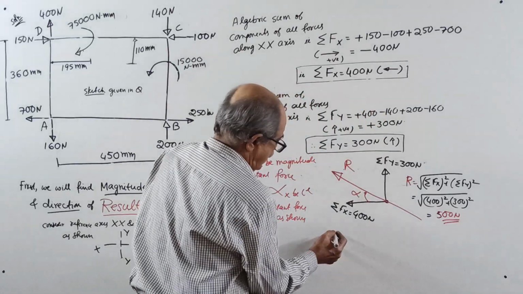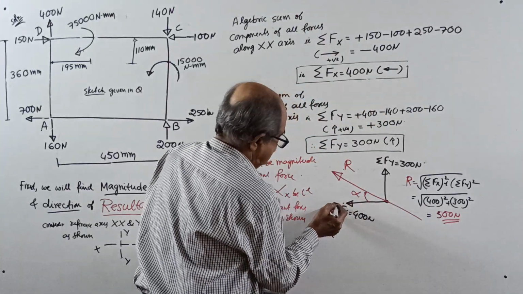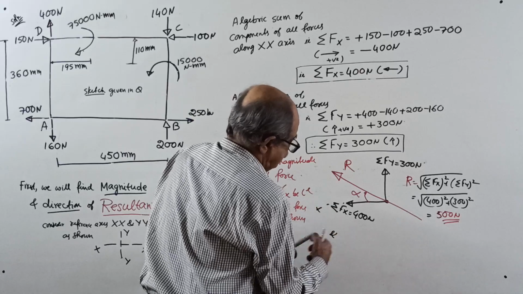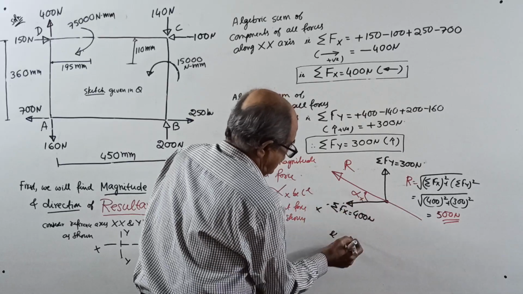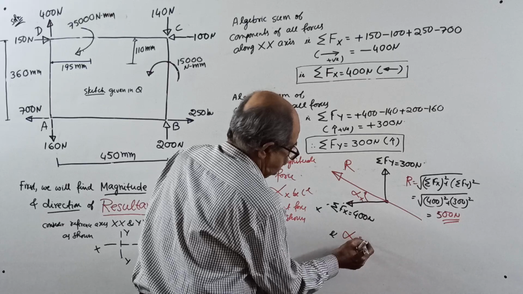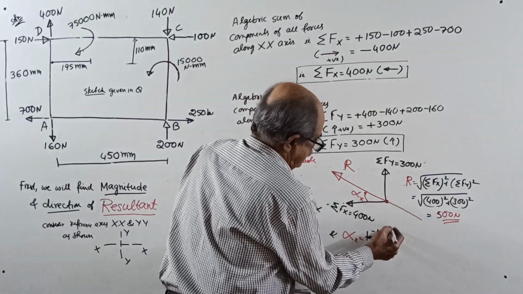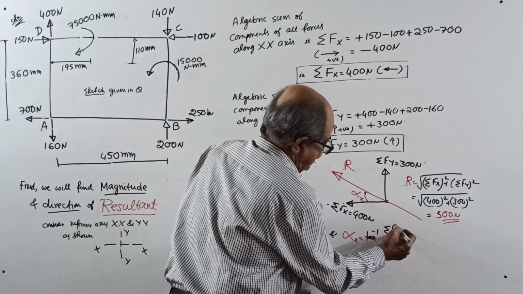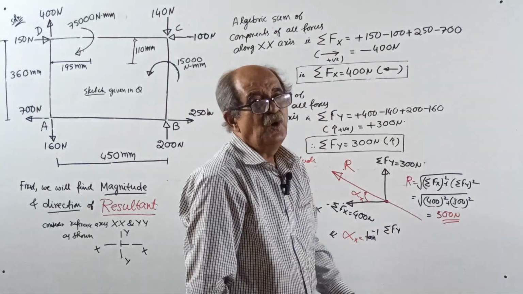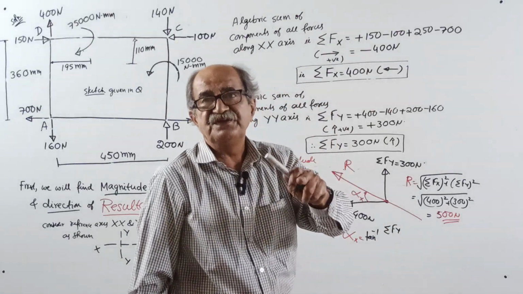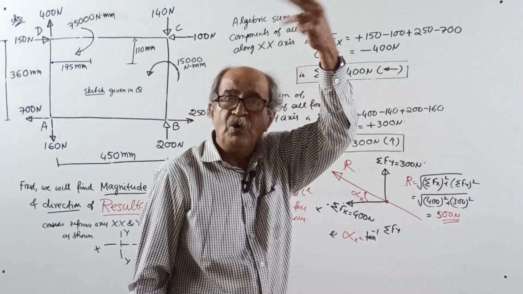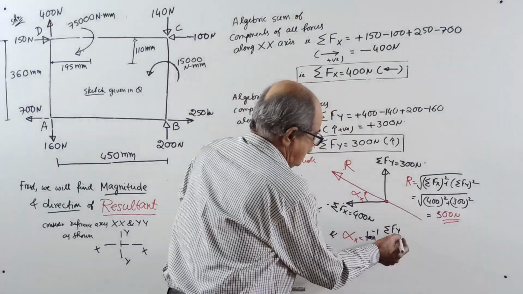And one more is required. See, this is your x, alpha x, and alpha x equals tan inverse of sigma Fy over sigma Fx. A thousand times I told you, when you find the angle with x, tan alpha equals opposite, vertical by horizontal.